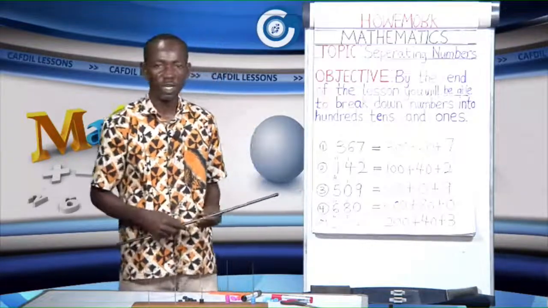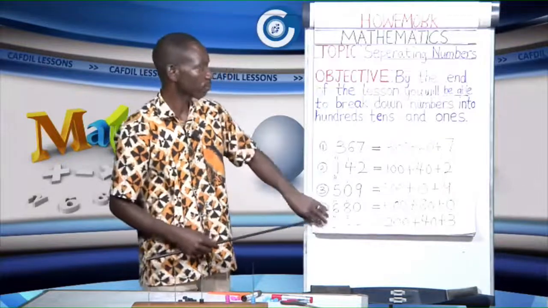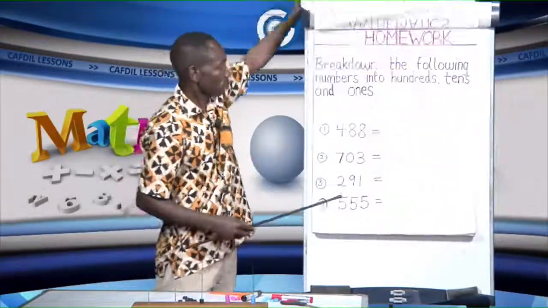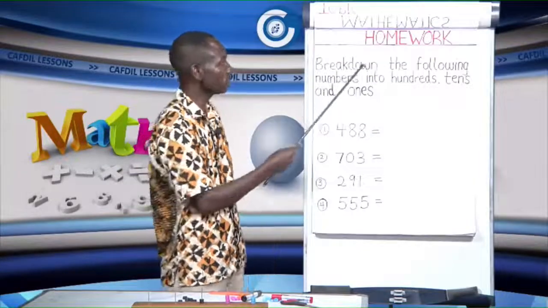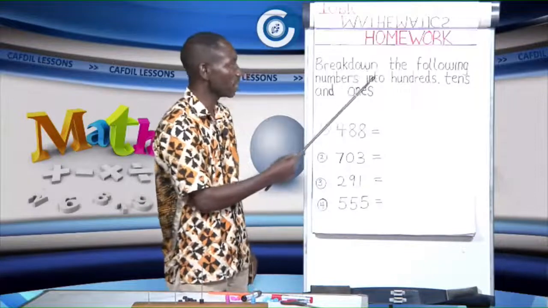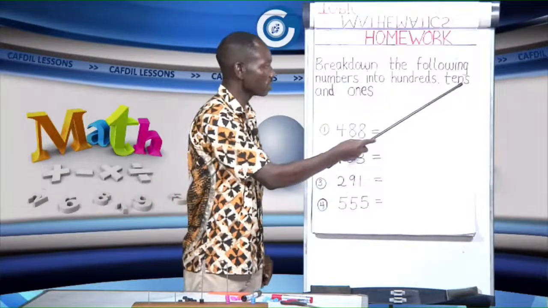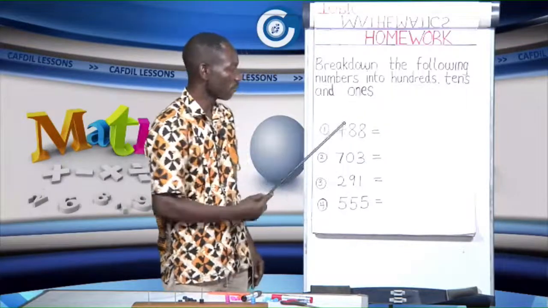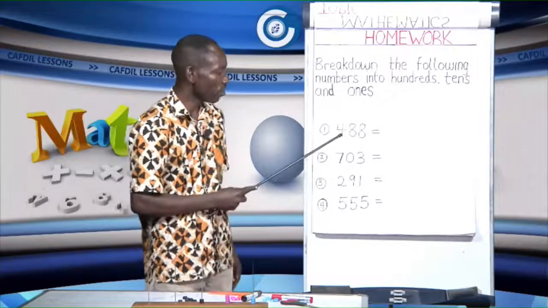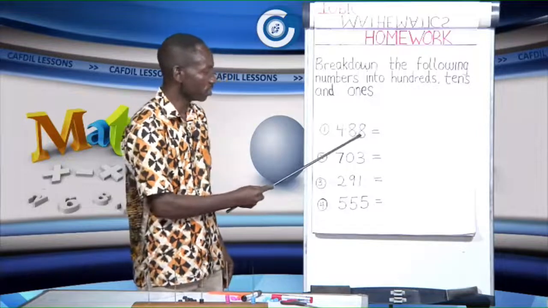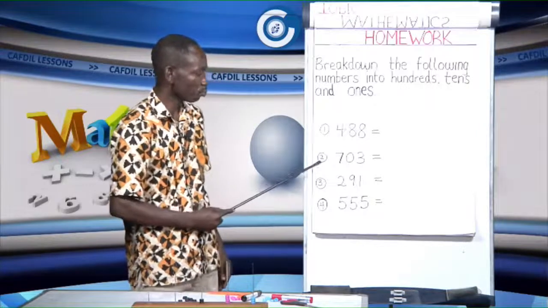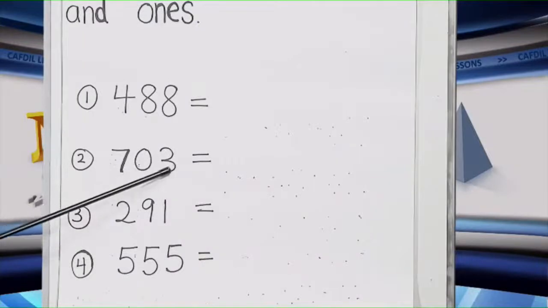Before we go, let's take a homework. For our homework, you are to break down the following numbers into hundreds, tens, and ones. For question 1, we have 488. Question 2, 703.